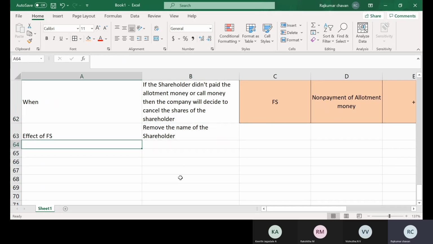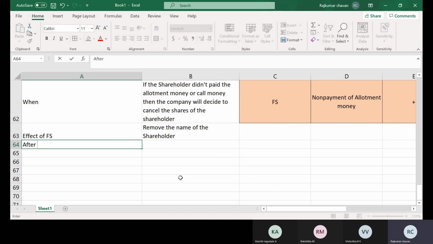There is a procedure for forfeiture of shares. Remember, the company has to give a notice period of 14 days, and then the board of directors has to pass a resolution, and based on that they decide the forfeiture of the shares.